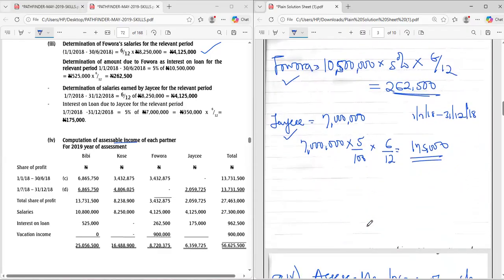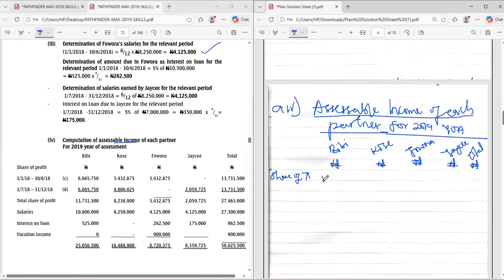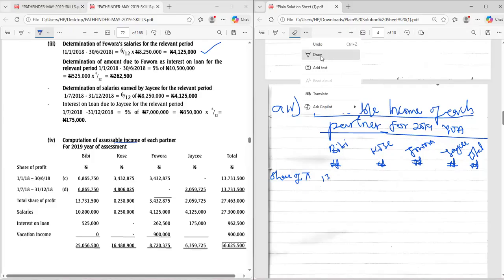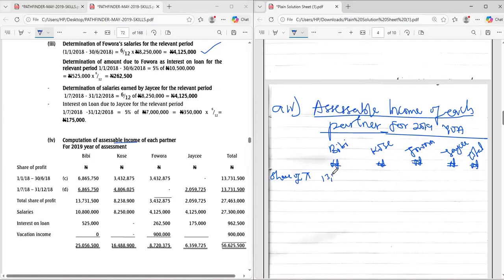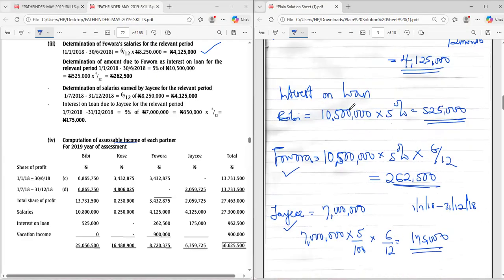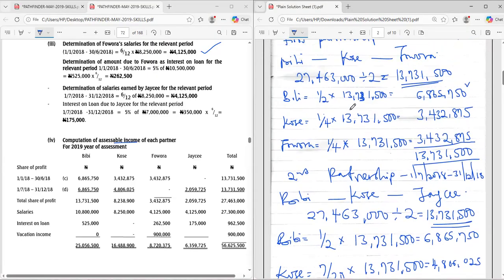Okay, hold on. 13 what? 735. 731,500. 731,500. For Crochet income, we've done it before, so just add up the old and the new.